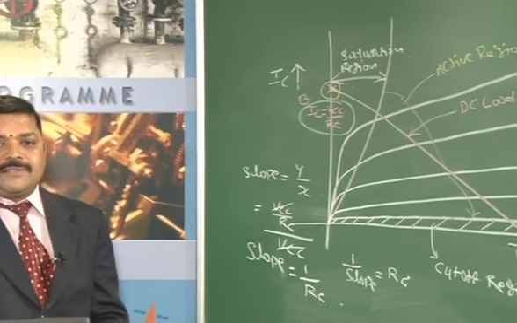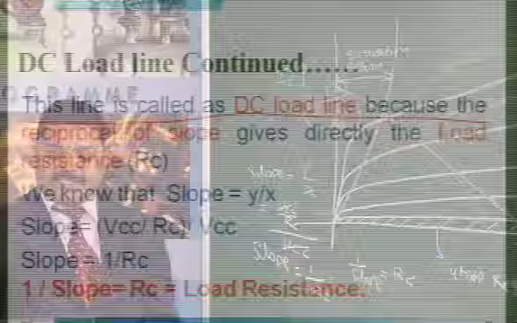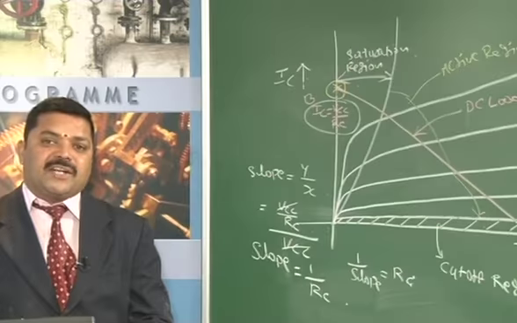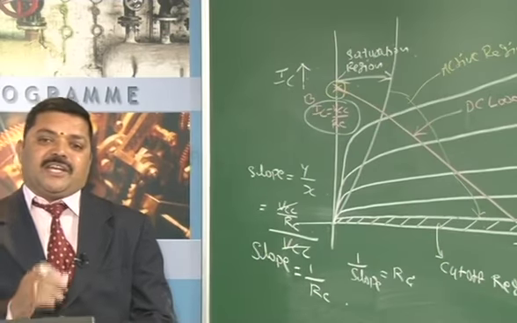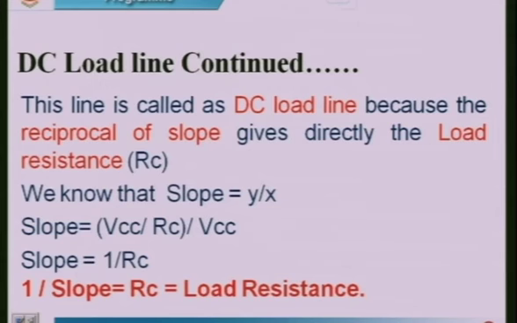RC is the collector resistance. Collector resistance means when we are not using an external load resistor, then by default the collector resistance becomes the load resistance.